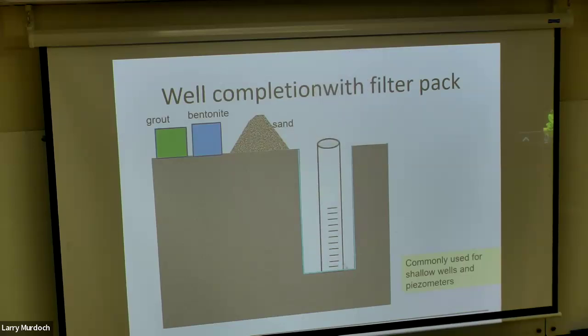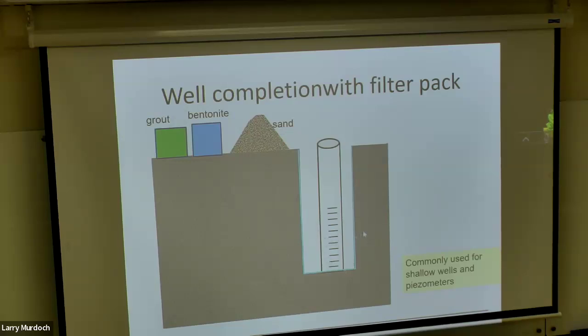So there's two pieces here: the screen and the casing. The casing is similar to a piece of pipe, but it has special threads on it, in most cases, that differ from the threads typically used on pipe. And then this screen is similar to the pipe, except it has slots cut in it to let the water in.